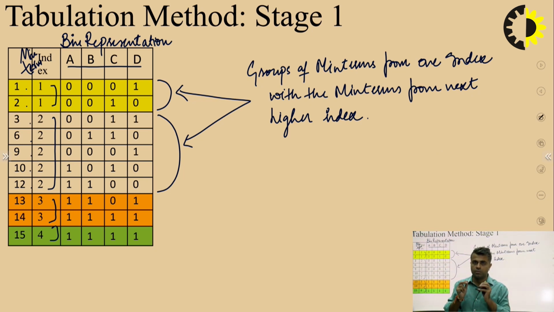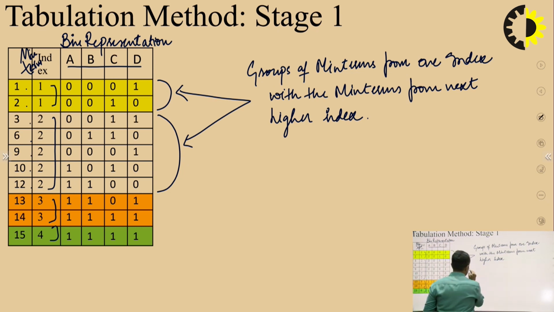It has to be very clear that minterms from index 1 will make groups with minterms from index 2, not with 3, even if index 2 is not there. That has to be kept in mind. So we have to group minterms from one index with the terms from the next higher index.